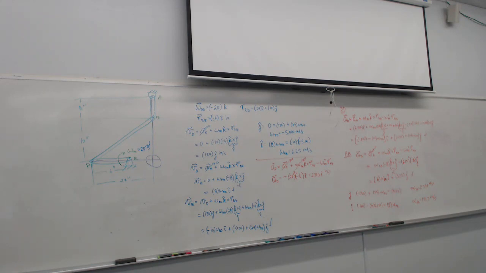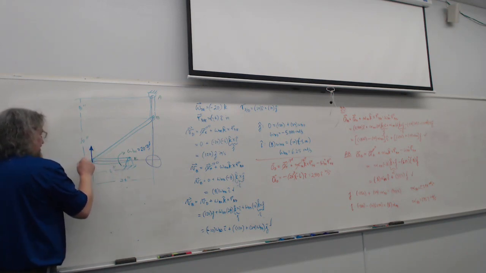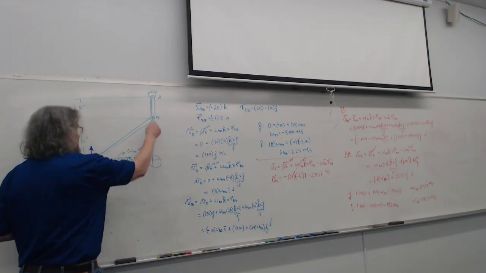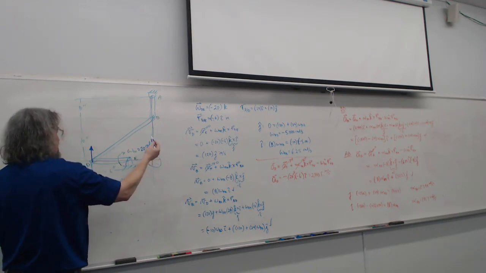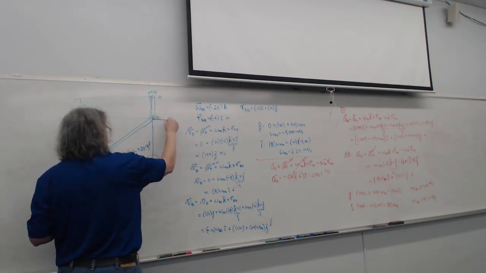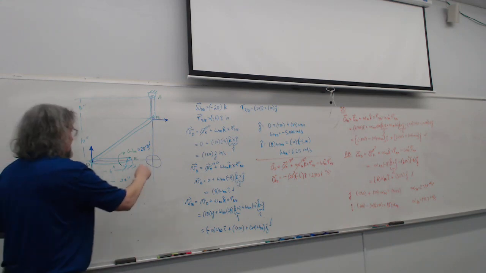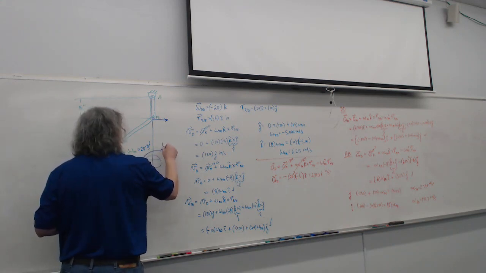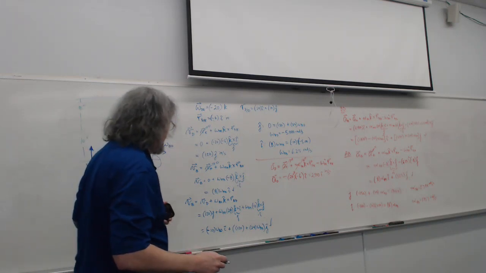But anytime it's a 4-bar, just make the ICR where the links intersect. Just keep imagining that this velocity is coming up that way, so you have to draw a line through it. This velocity is either to the left or the right, so the line through it has to pass through right there. So you can see this must be coming that way. And so here is our omega BD, passing that way.